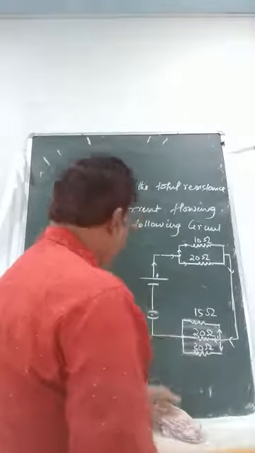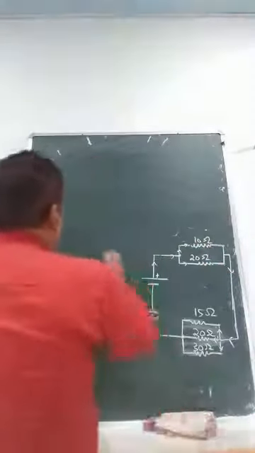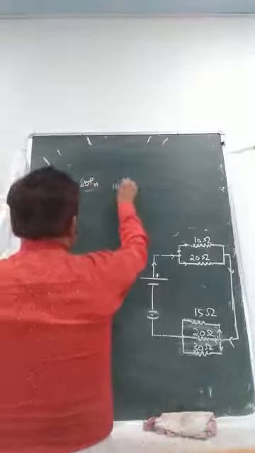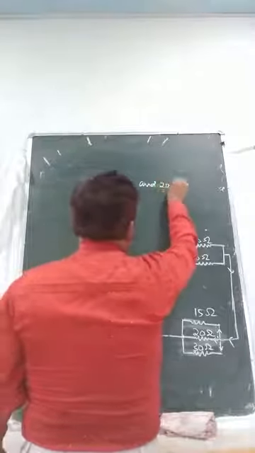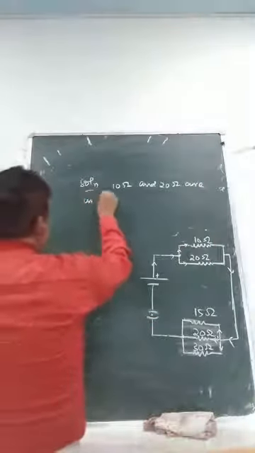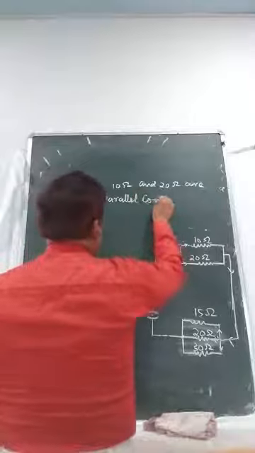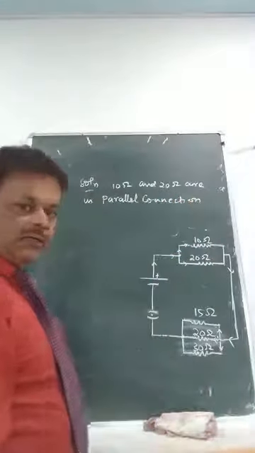Okay, first you see here. Let me write down. You can write 10 ohm and 20 ohm are in parallel connection.